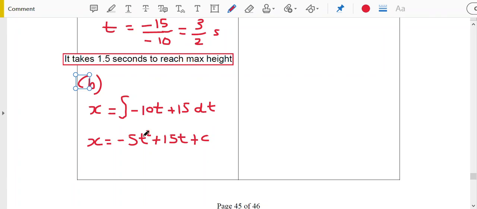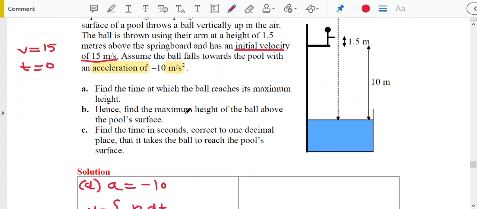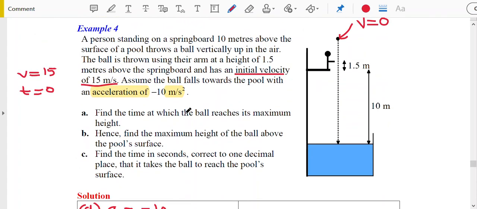Remember also that we're looking at the distance the ball is above the pool surface. If I go back to the diagram, right before this person throws the ball, which means when time equals 0, what's the height the ball is above the pool surface?